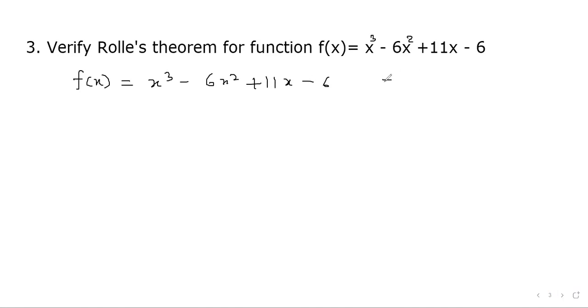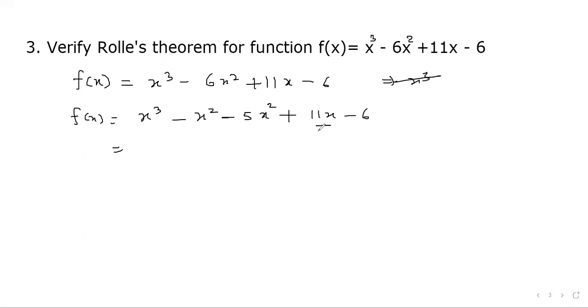We take x² common: f(x) = x²(x − 1) − 5x² + 11x − 6. Now one more term is needed, so we will make it here.